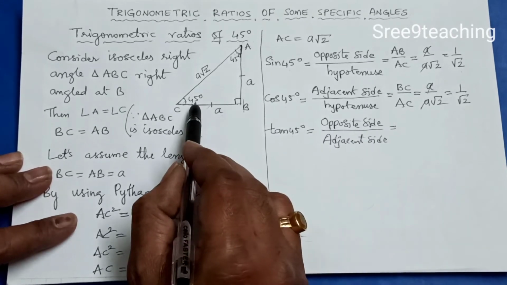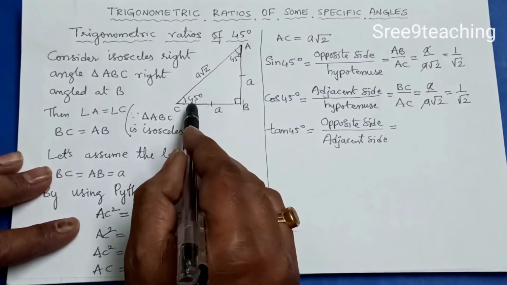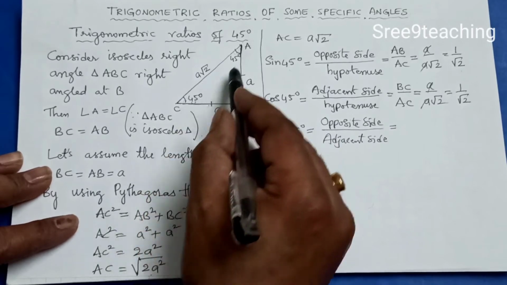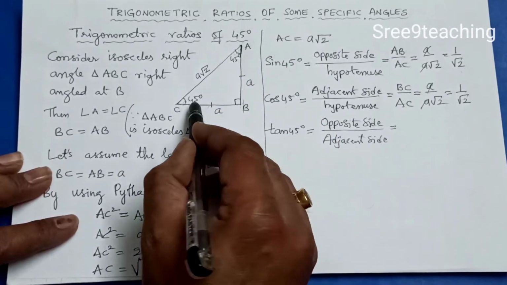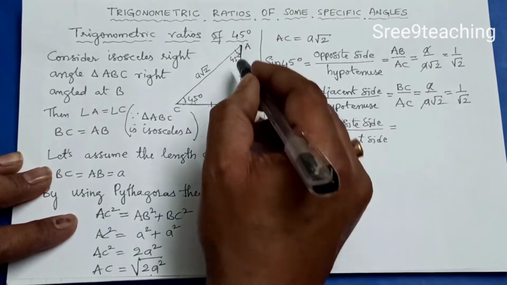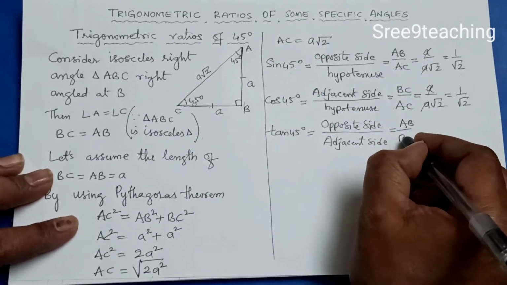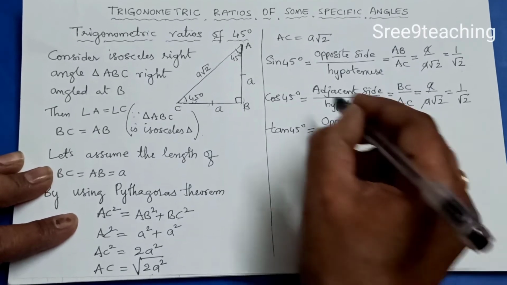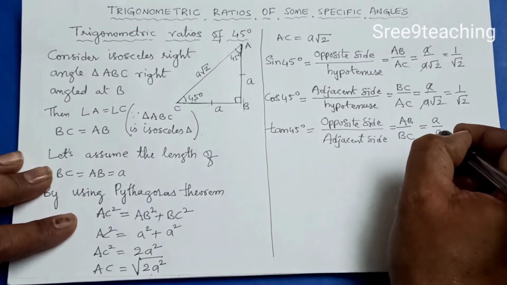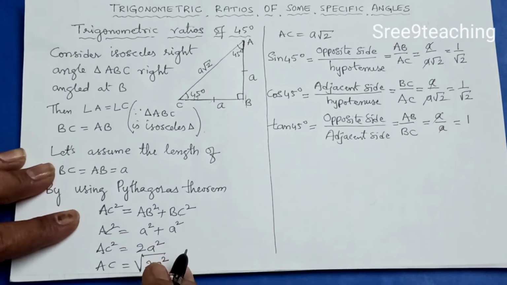As I am taking 45 degrees, the side opposite to this angle is AB and the side adjacent to this angle is BC, isn't it? Hence I am writing AB by BC. What is the AB value? A. BC value is A. Hence A by A is 1 by 1, that is equal to 1.